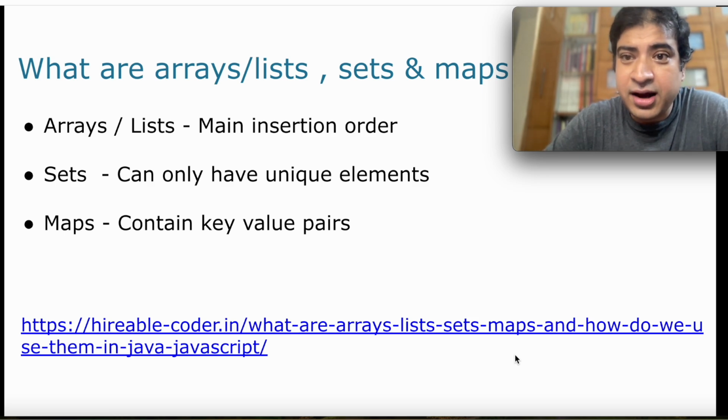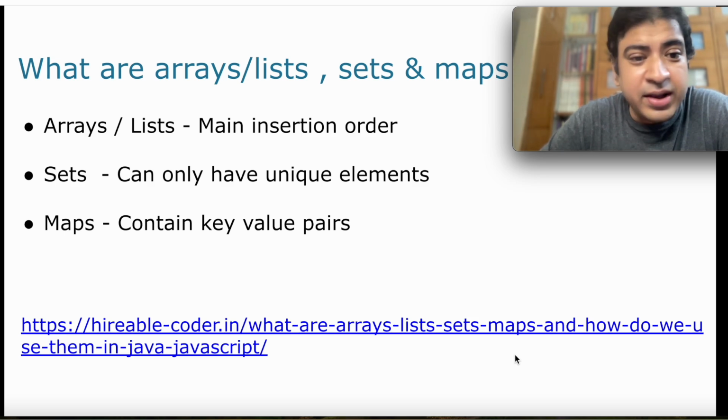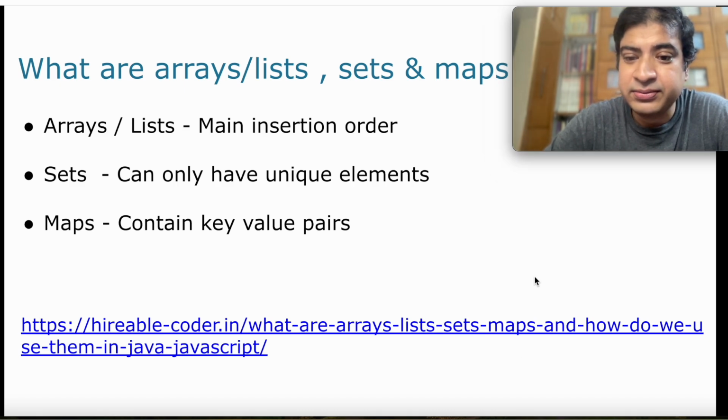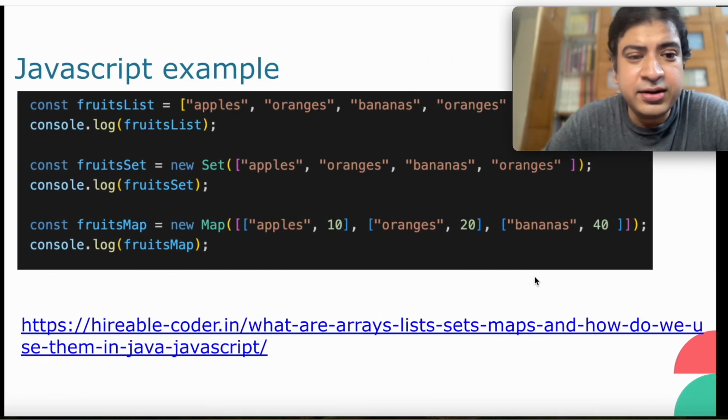So let us quickly see how we can use these data structures in JavaScript and Java. Here is a small JavaScript program where I'm initializing a list, then a set, and then a map, and then I'm console logging them.